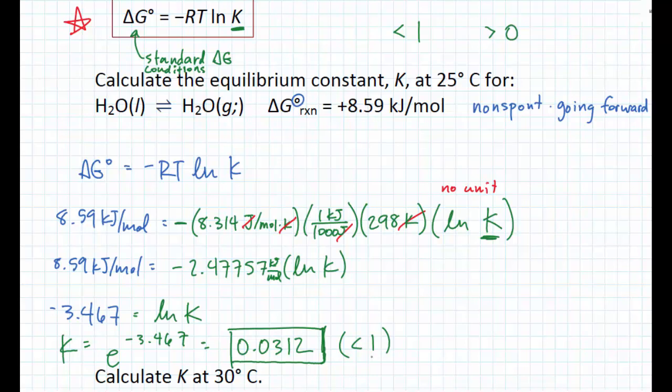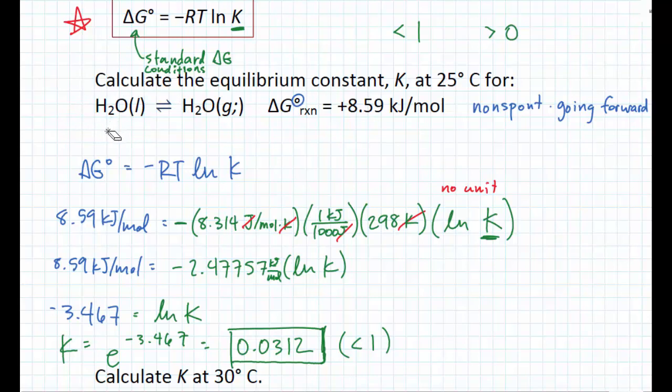The K would be less than 1, meaning that we'll be favoring reactants, right? Because it's products over reactants. That tells us that when we're pure and 1 molar, we're going to be going backwards. And once we reach equilibrium, we're going to be reactant favored.